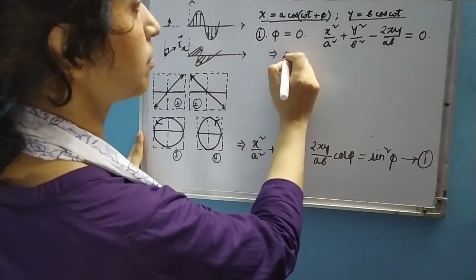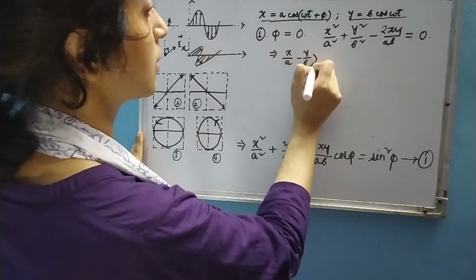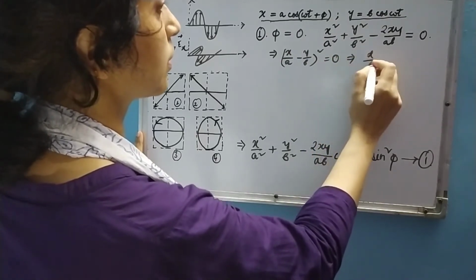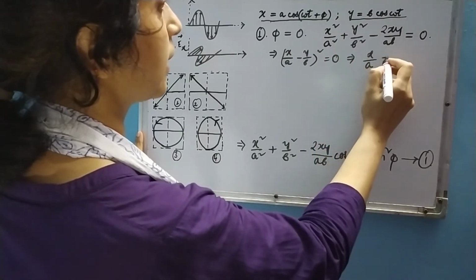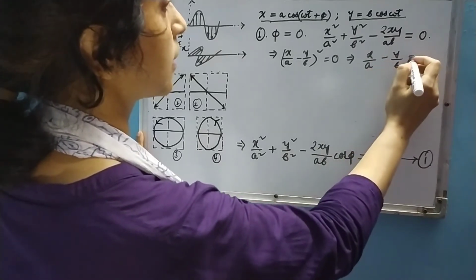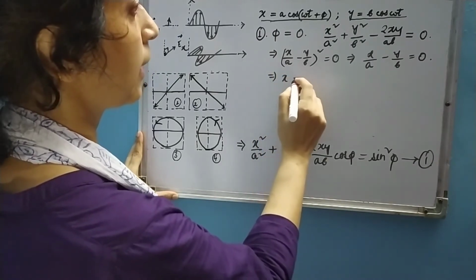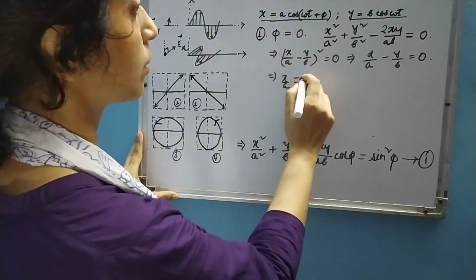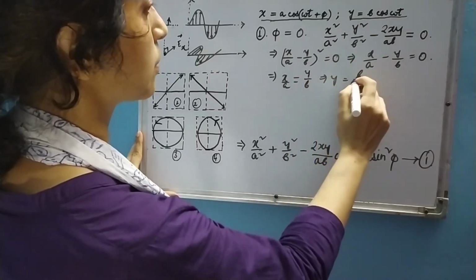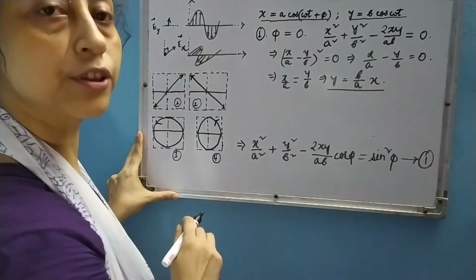So it will be (x by a minus y by b) whole squared equals 0, or x by a minus y by b equals 0, or x by a equals y by b, or y equals b by a into x. This is the equation of a straight line.